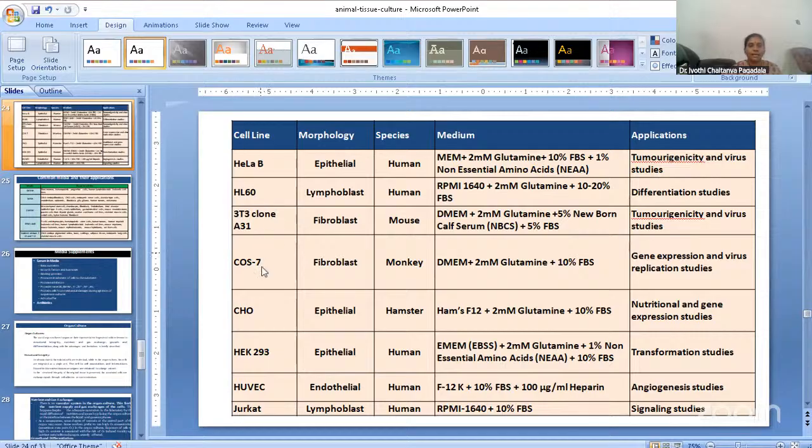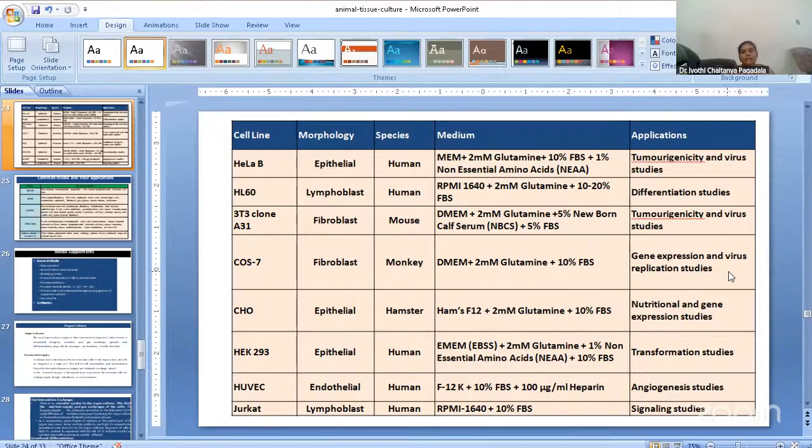Likewise, here we have different types of cell lines. HEK 293 and we also have HEK 273 for transformation studies. It is very easy to grow HEK cell lines using the DMEM medium and EMEM medium. So these are the mediums which we can use for growing these cell lines.